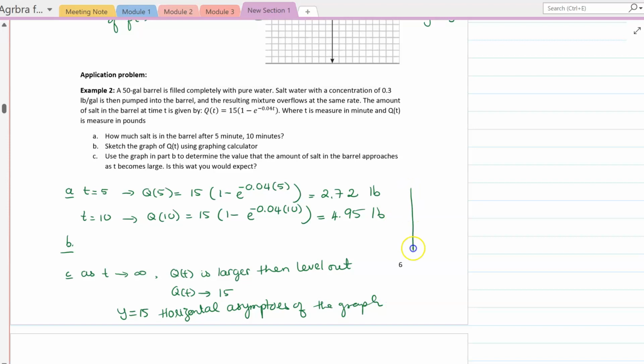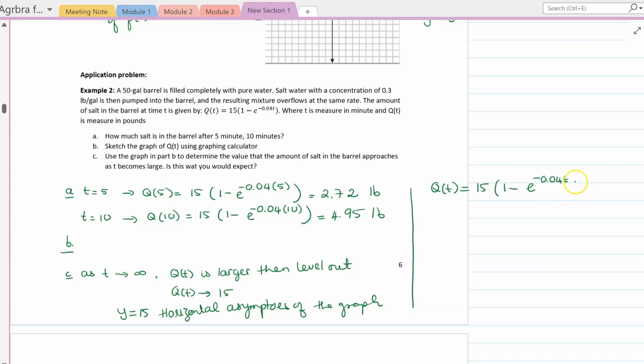So let's go back and take a look at the equation, to see what would happen. Q of t equals 15 times 1 minus e to the negative 0.04t.